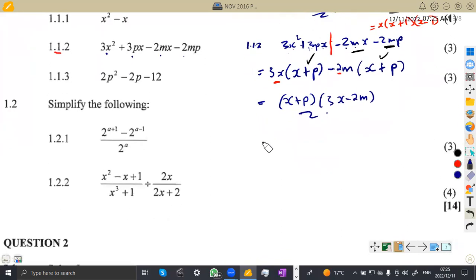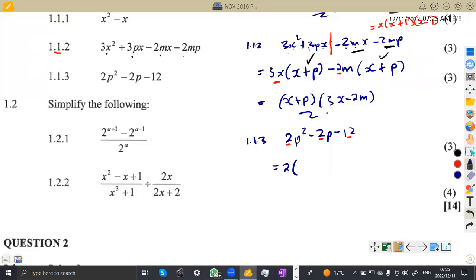All right, on 1.1.3, we are now given 2p squared minus 2p minus 12. Remember, this is factorization. So if we check, we can see that there is a number which is common throughout here for 2, 2, and 12. 2 is common. That is the highest common factor that we can factor out here.